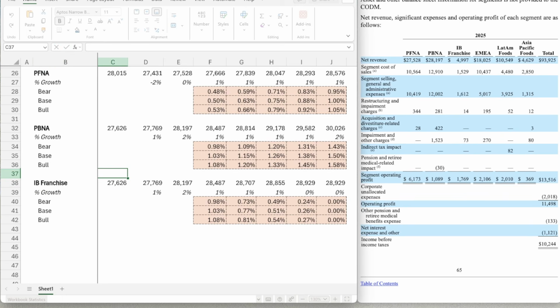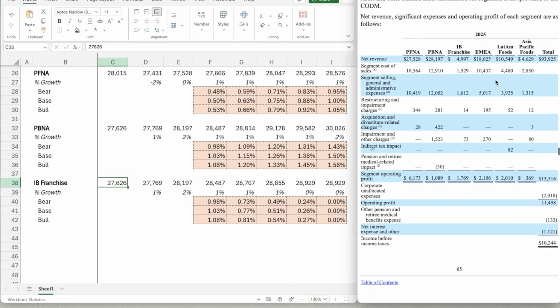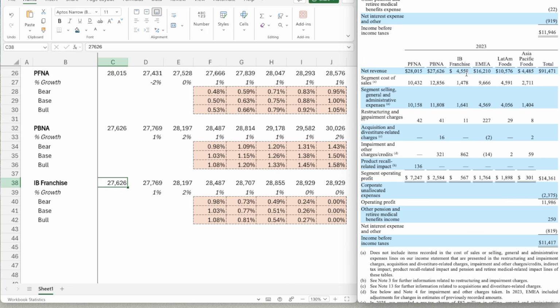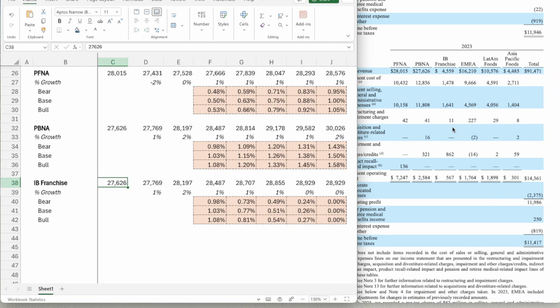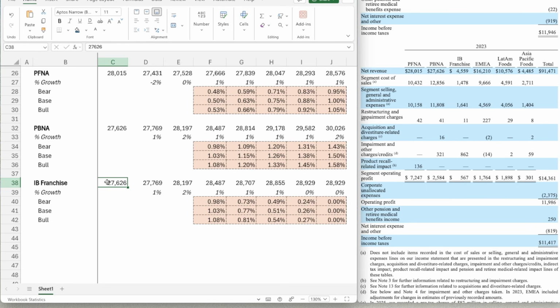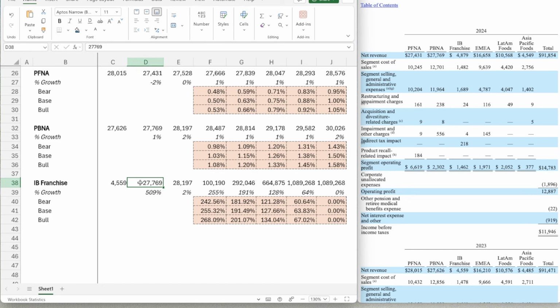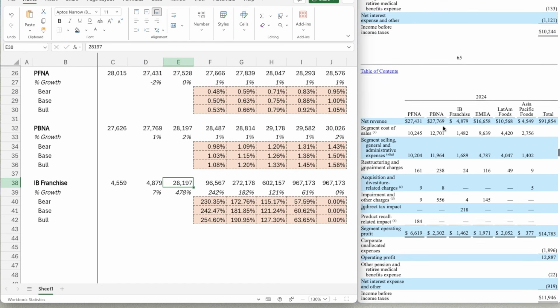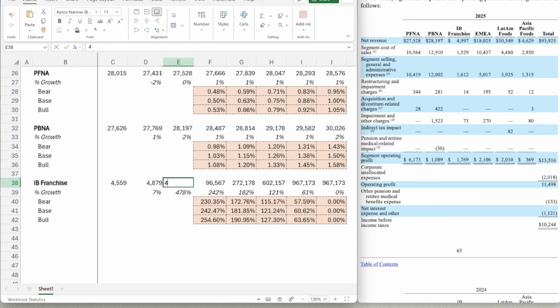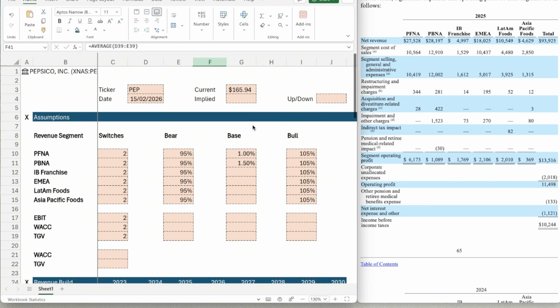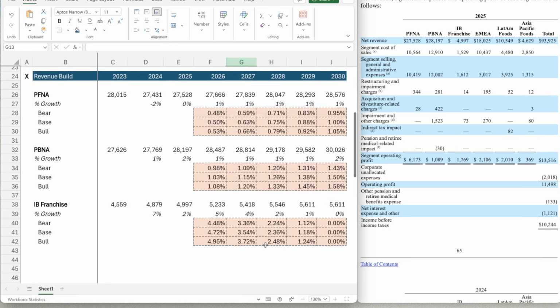B12. 4559. 4879. 4997. Let's say this does go up to, we'll put 5% here.